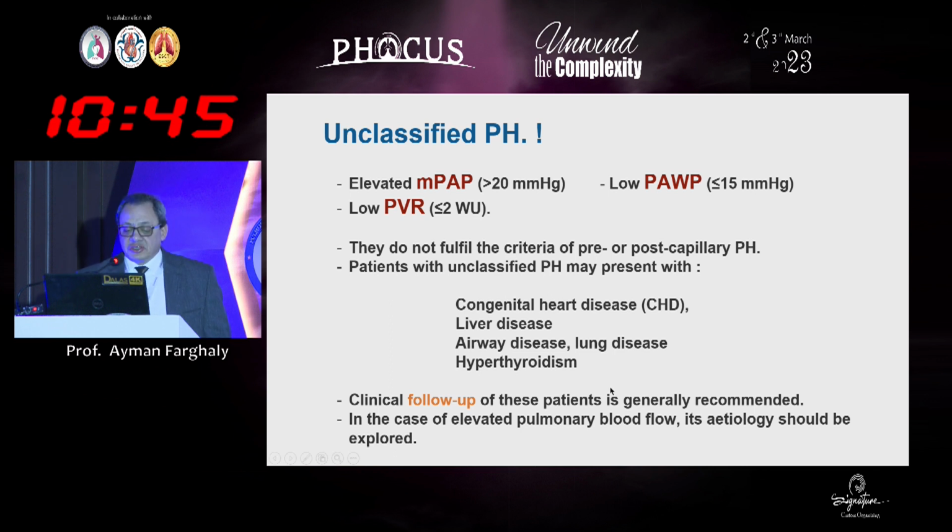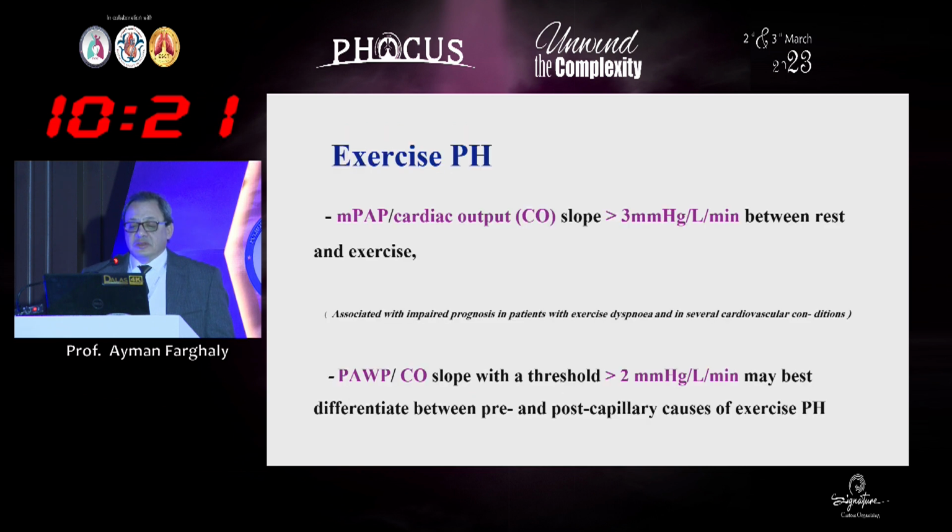So this is the recommendation: follow up of these patients due to high flow or increased intrathoracic pressure, like in congenital heart disease, liver disease, airway diseases, lung disease, hyperthyroidism. Keep an eye on these patients. They might develop pulmonary hypertension really later on. But in the absence of increased pulmonary vascular resistance, they don't need treatment.